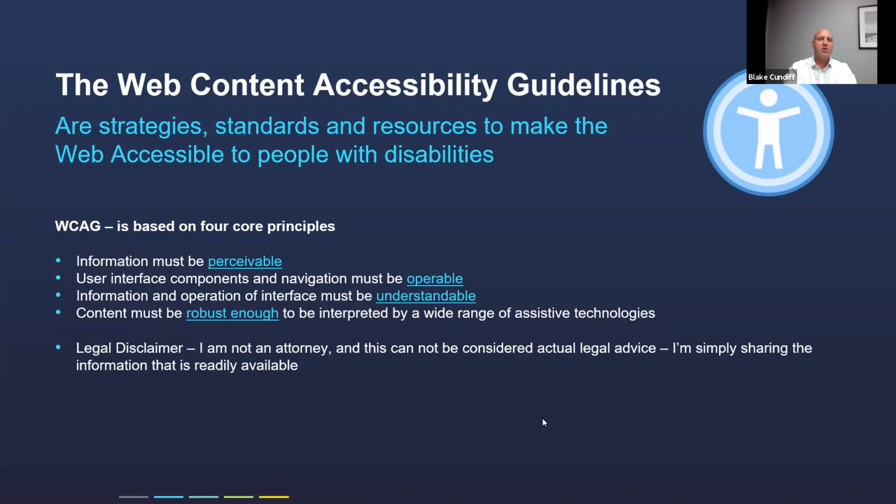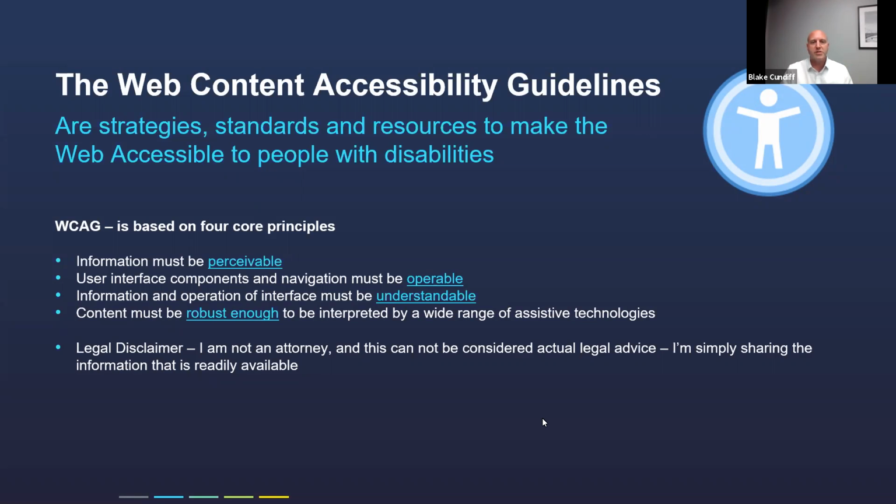So the second part and pillar of these principles is that the components and navigation must be operable. So the way that menus and forms are filled out, and the way that you can access the information on a certain web page. The third principle is that the information and operation of that interface has to be understandable. So not just operable and perceivable, but it needs to be in a manner with which it can be understandable.